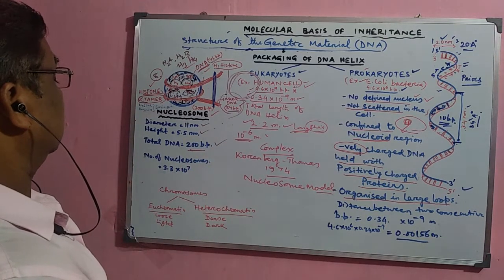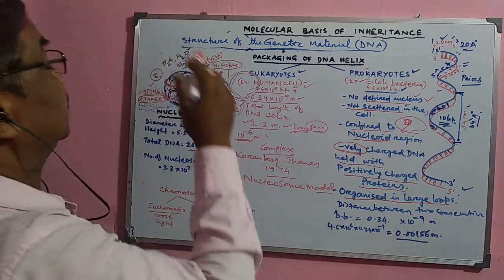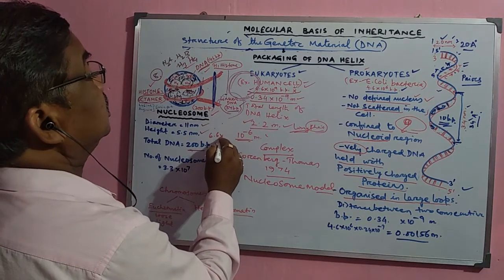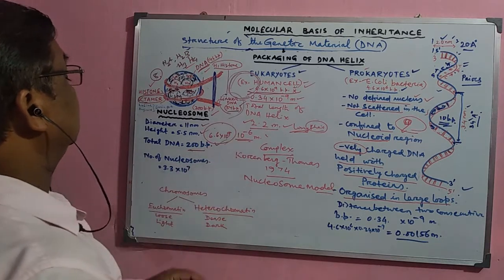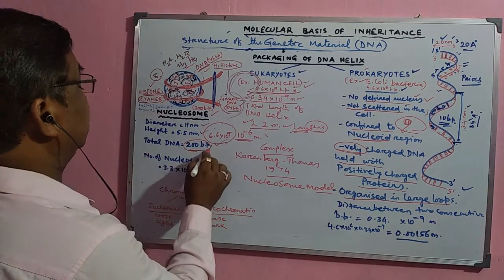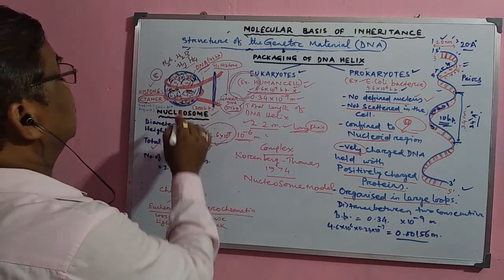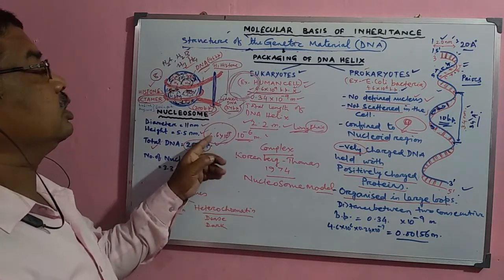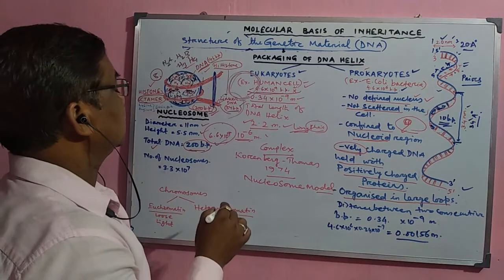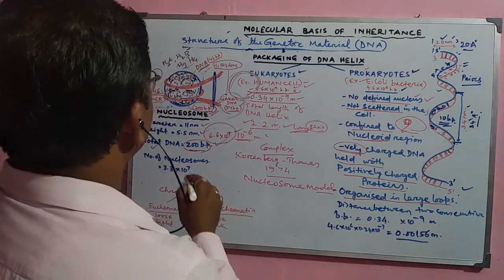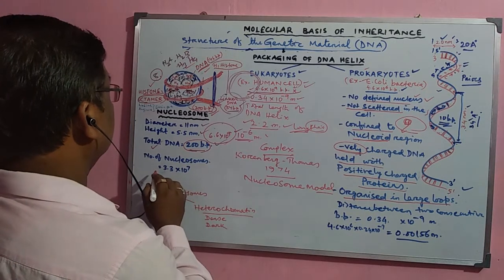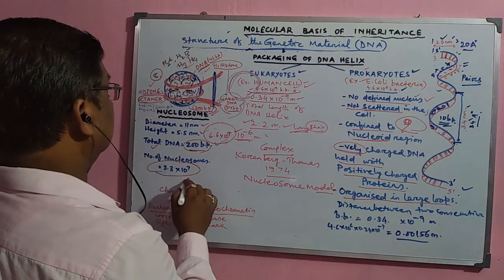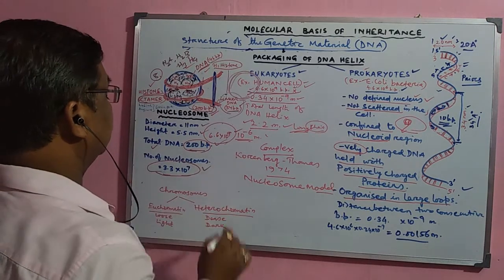The total number of base pairs in a human being is around 6.6 into 10 to the power 9, and if there are 200 base pairs in one nucleosome, then the total number of nucleosomes, these rounded structures, is around 3.3 into 10 to the power 7.